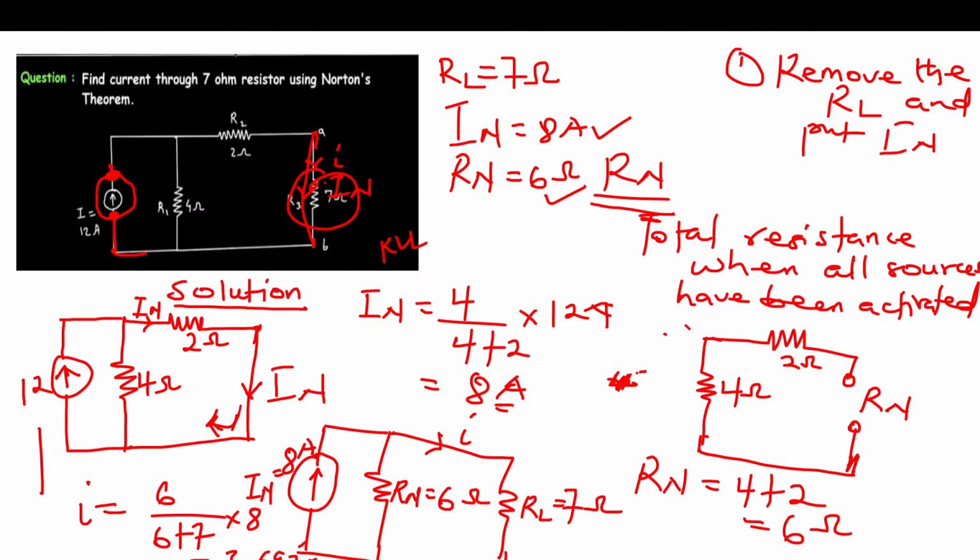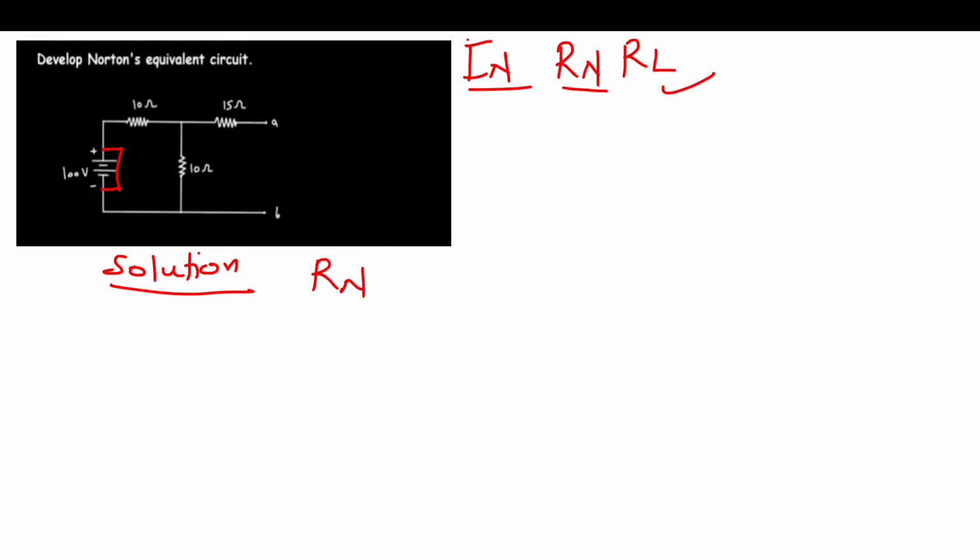Now considering this circuit you have here, we short circuit the voltage source. Okay, so let's do that. I'm going to draw my circuit again.